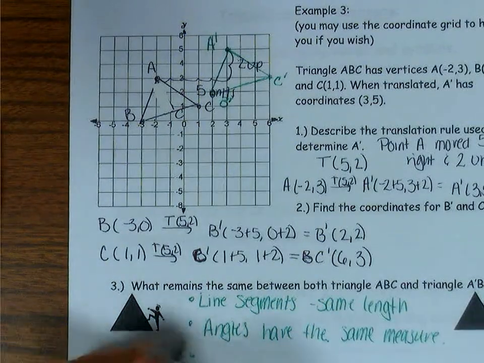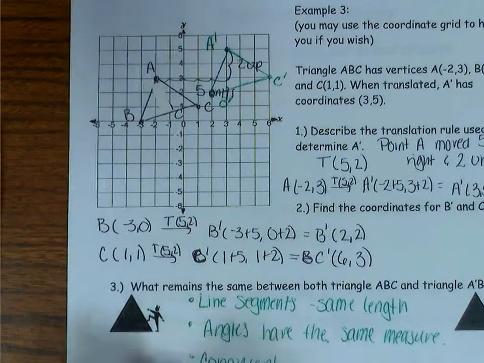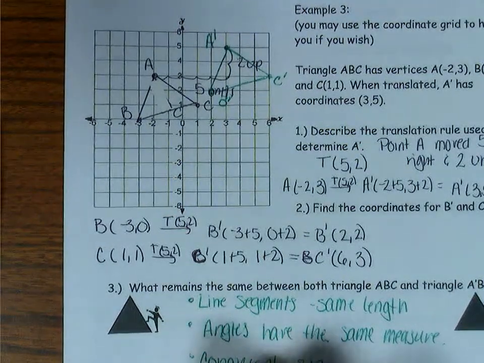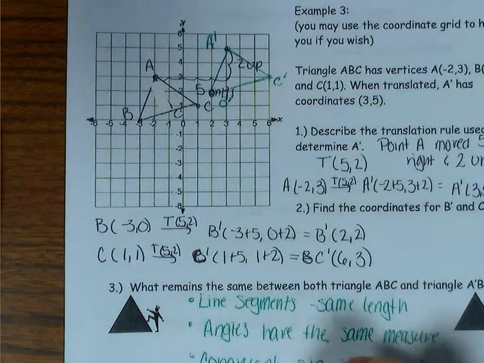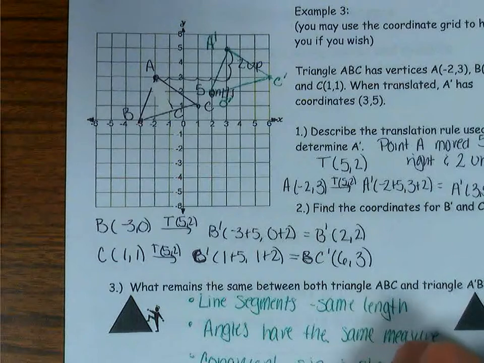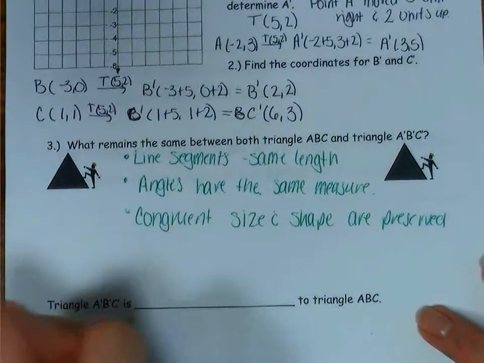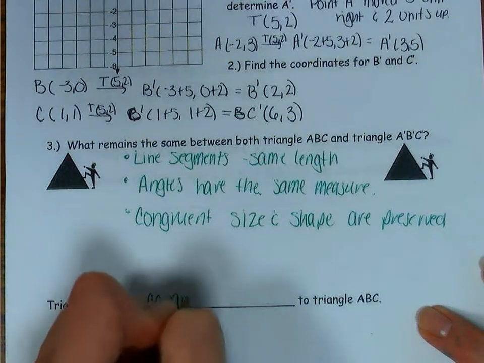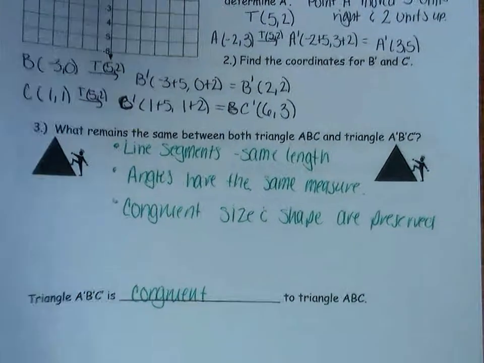And the images are congruent. So the size and shape are preserved. And once again, triangle A prime, B prime, C prime is congruent to triangle ABC.